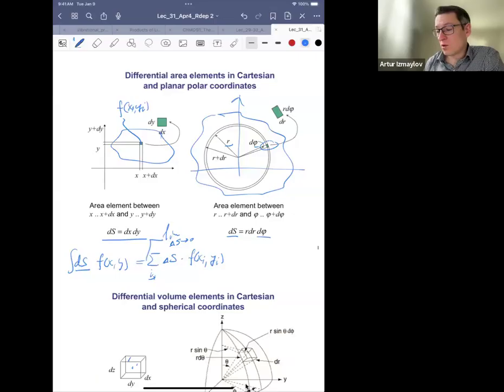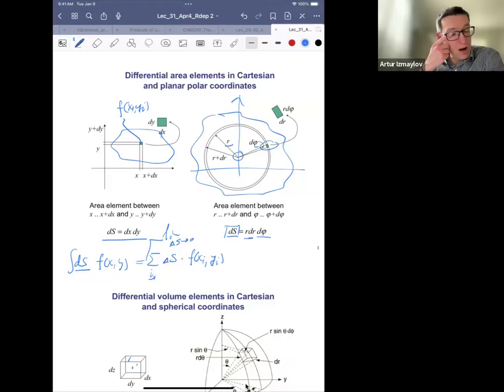But there is also, when we come to the radius, if the radius is small, close to the center, then the elements will be smaller compared to far from the center. So it's not just dr, it's r times dr that makes the right scaling of the element of the surface, or the area.